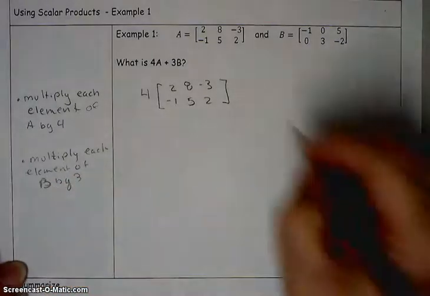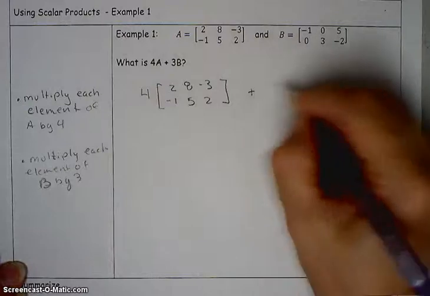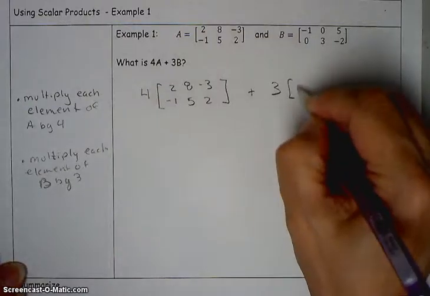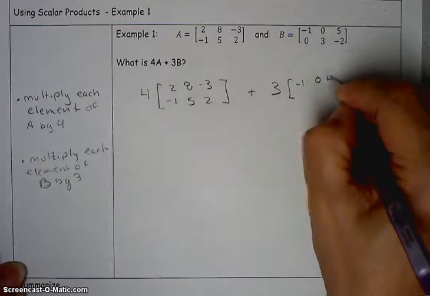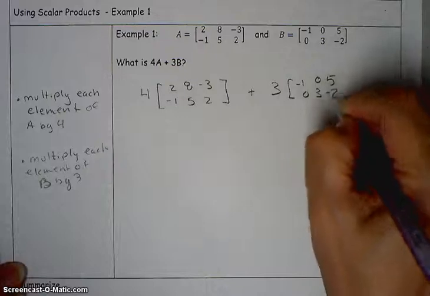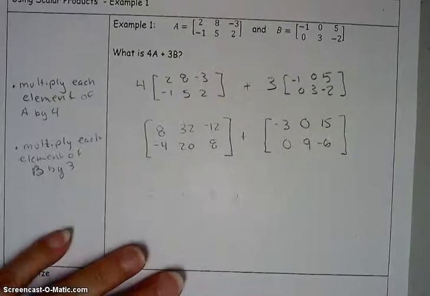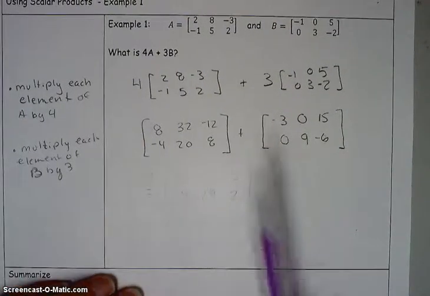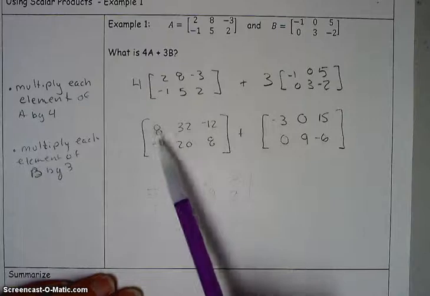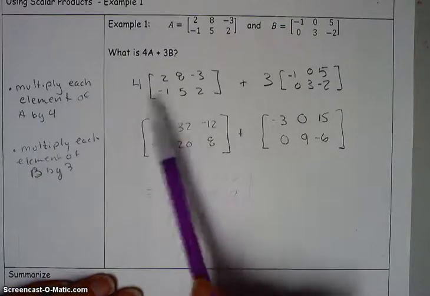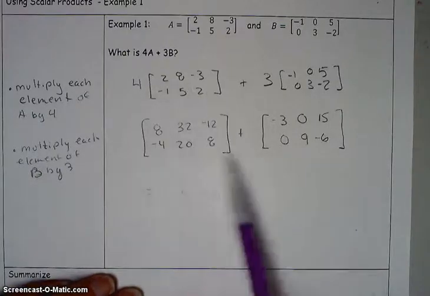So 3 times the matrix negative 1, 0, 5, 0, 3, negative 2. Once you do the multiplication, you'll get these corresponding matrices. You'll get 8, 4 times 2 is 8, 4 times 8 is 32, and so on.